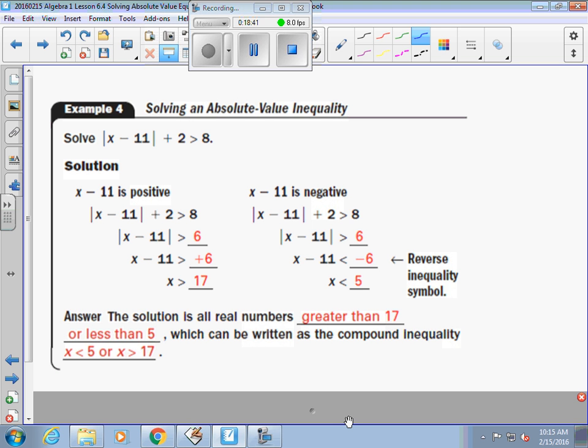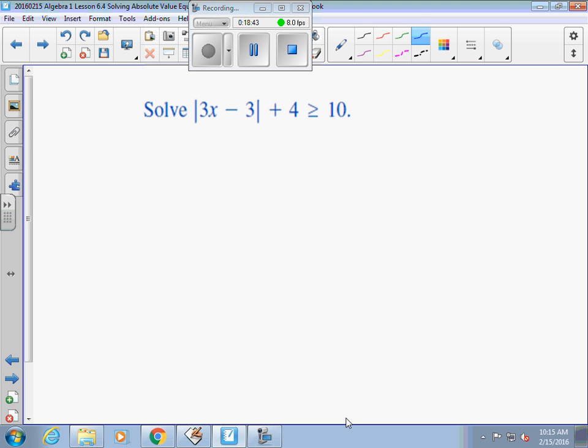And again, one more time on the back. The absolute value of 3x minus 3 plus 4 is greater than or equal to 10.